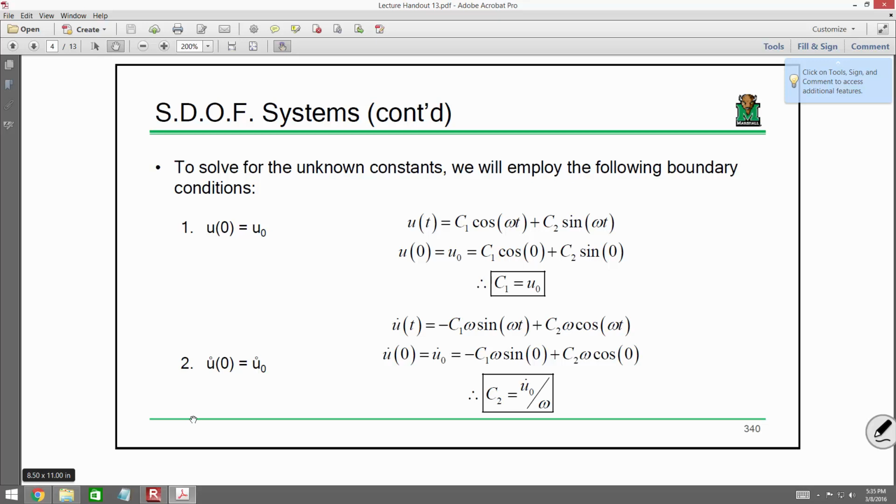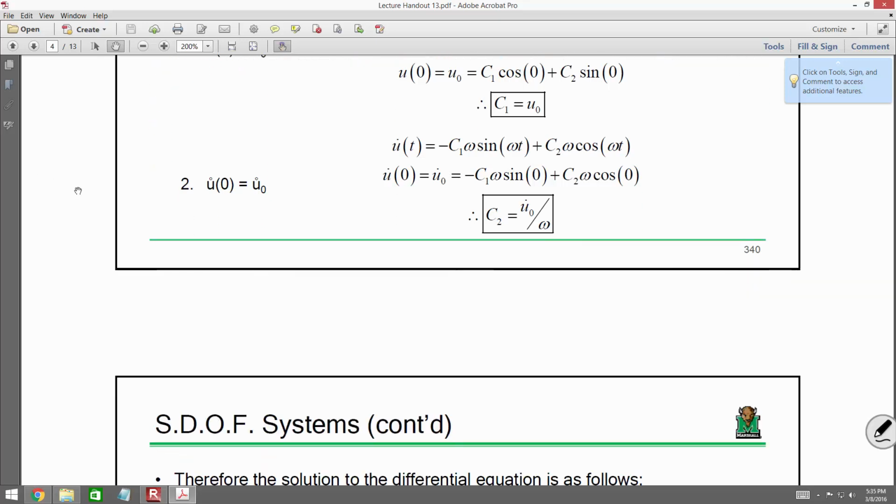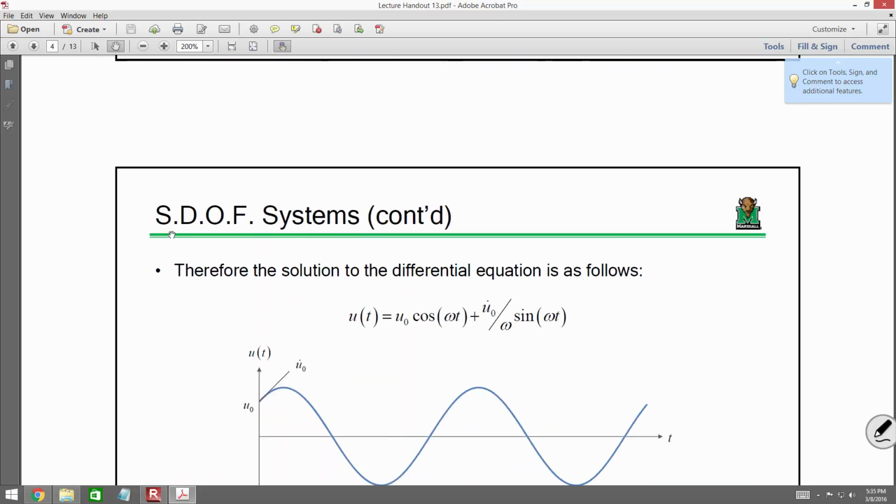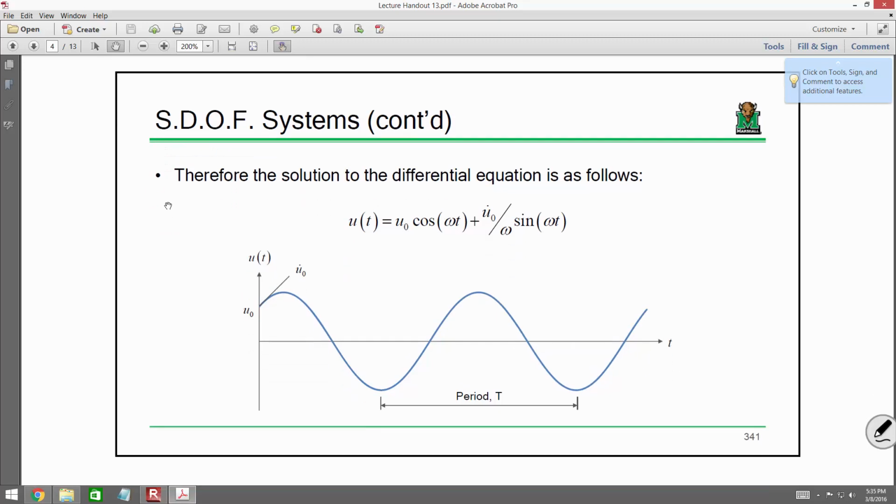Okay? Now, what that tells me is that this equation models the vibratory response of a single degree of freedom system that's under free vibration with no damping. Okay? I propose that with no damping, it will just continue to vibrate on forever.